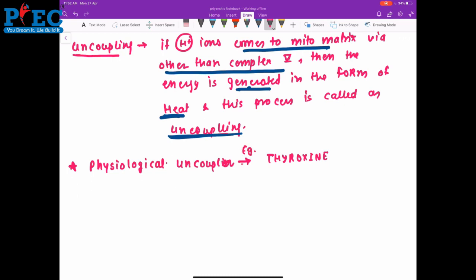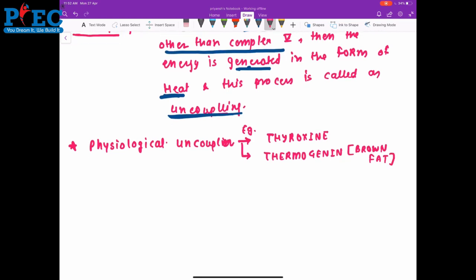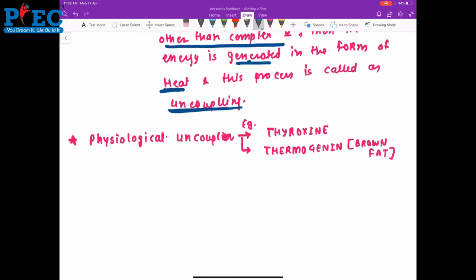One more example, which is there in neonates, is thermogenin. Thermogenin is found in brown fat, which also leads to uncoupling and produces heat.